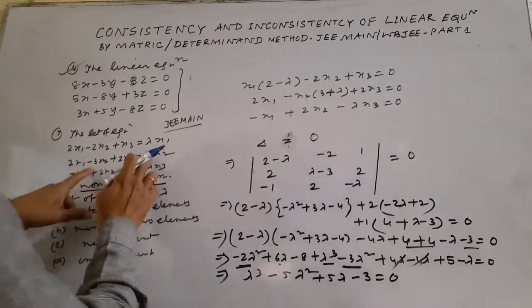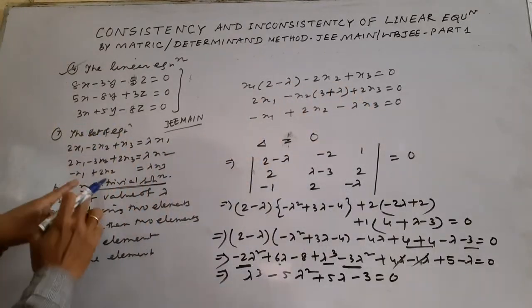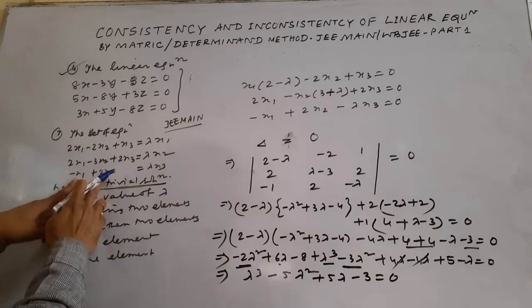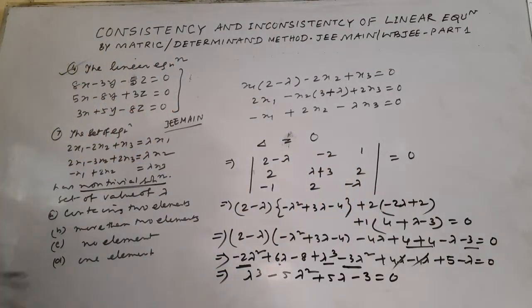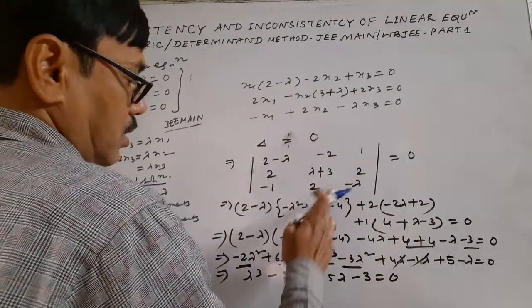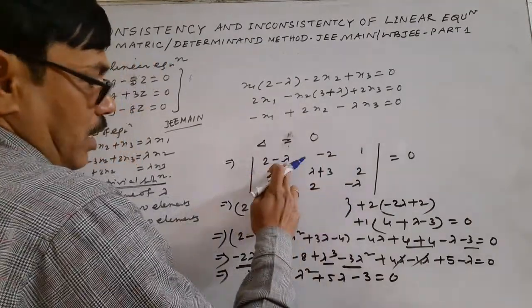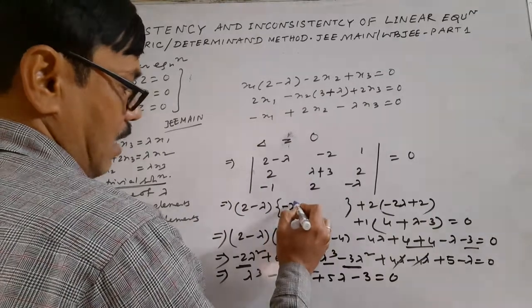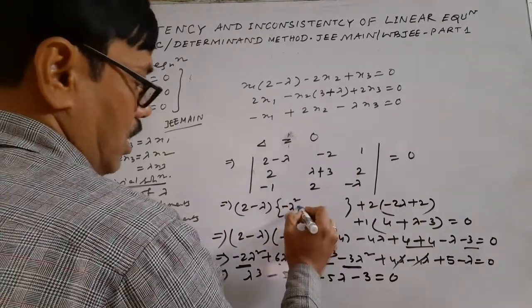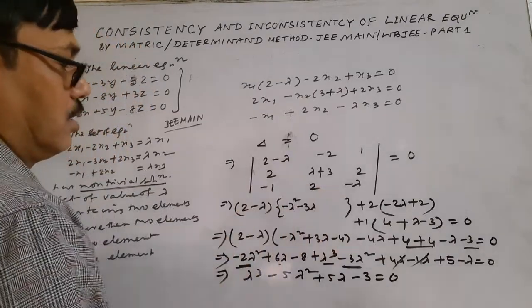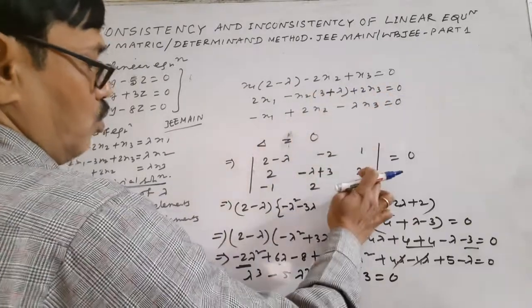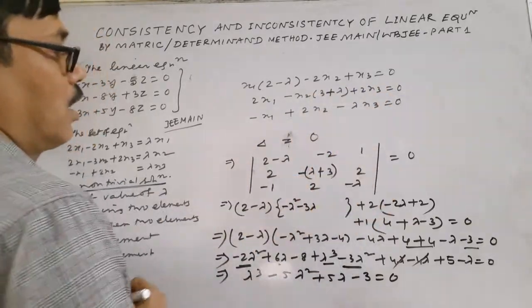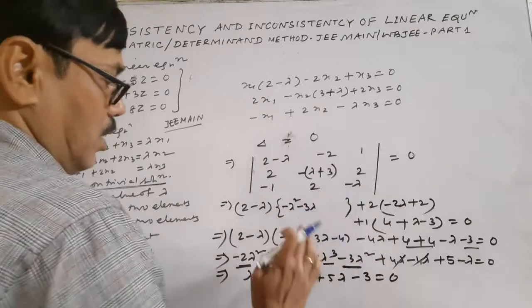If you transfer this to left hand side, 3 plus lambda, so minus 1 plus 2 minus lambda, so this will be lambda plus 3. So we have 2 minus lambda, minus lambda square, minus 3 lambda, 2 minus lambda plus 3, 2. Lambda plus 3 within bracket, minus 2, 2 minus lambda.